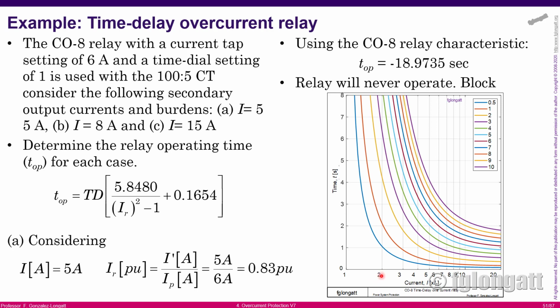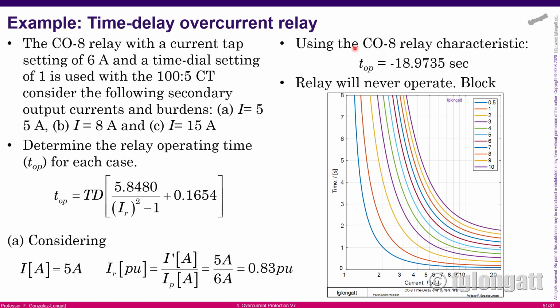However, if you are not sure, because probably you are a bit confused, what you need to do is the following. We know that for a relay CO8, this is the time current characteristic. What we need to do is extremely simple. We put here the current 0.83 and the time dial that is 1. And when you calculate the time, surprise, minus 18.95.